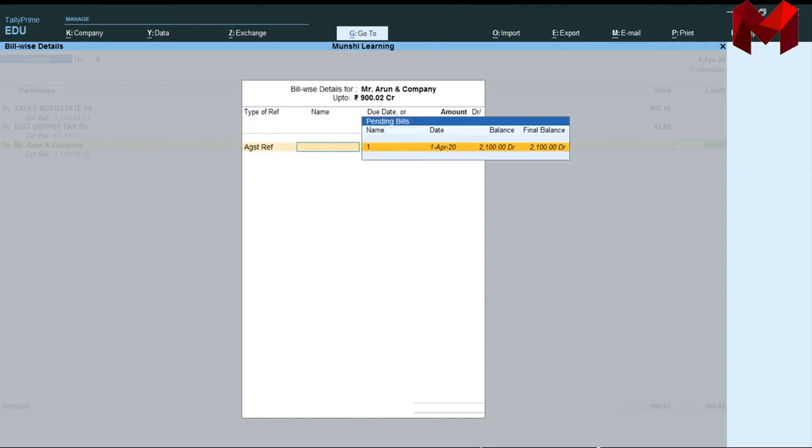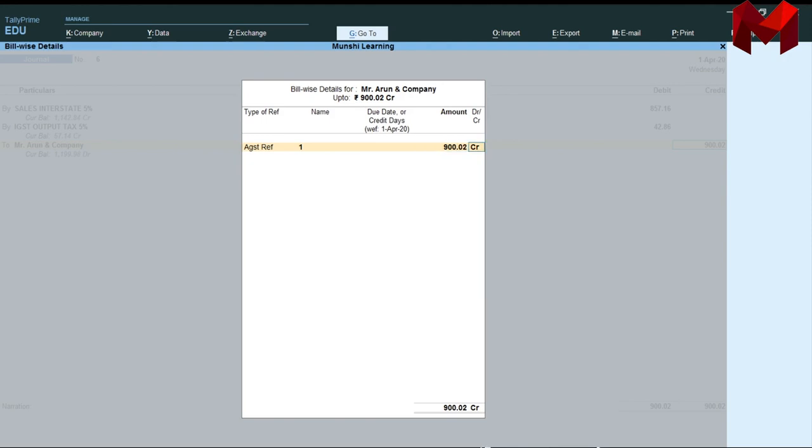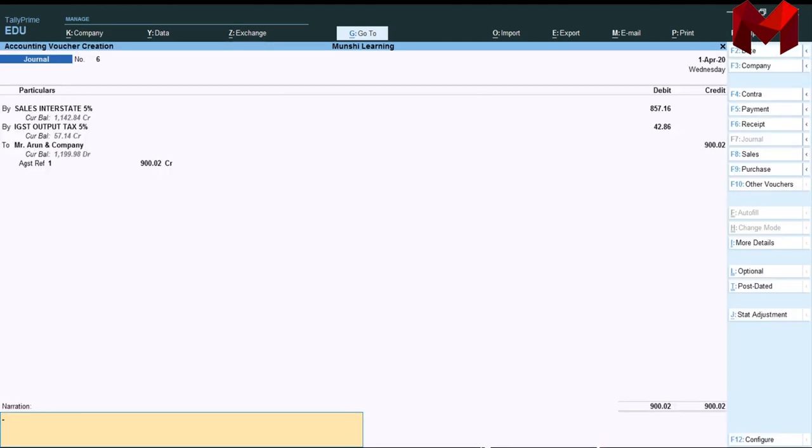We can write the reference against the reference number, everything you can write. Now in the narration, I'm going to write: quantity 1 piece, rate reduced by 857.16 against invoice number 1 dated 1st of April 2020.